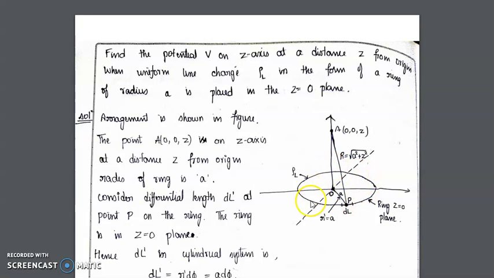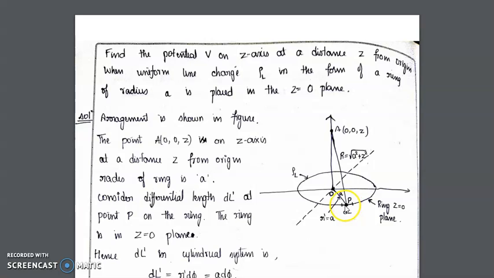So we can consider the cylindrical coordinate system. If you draw a circular ring, consider this as the origin, the center of the ring. At a height of Z you will have a point P. In this circular ring I am considering a small elemental length dl.